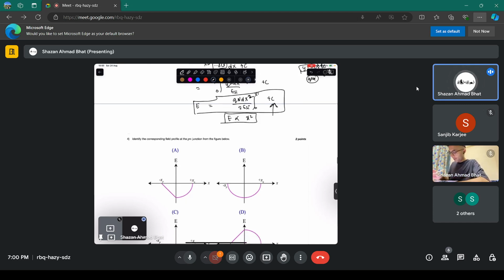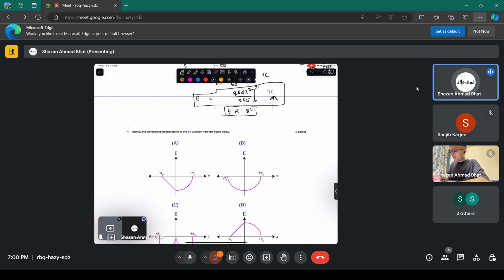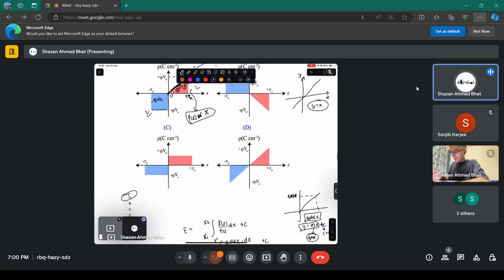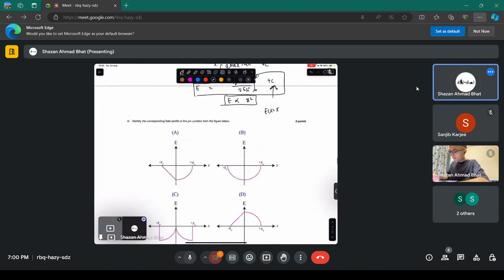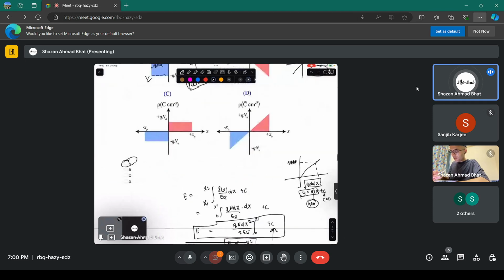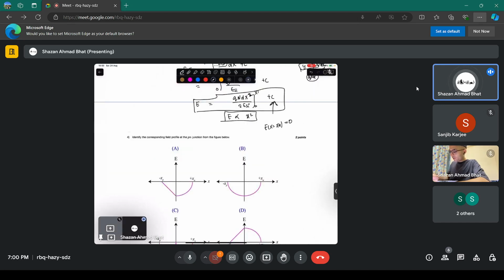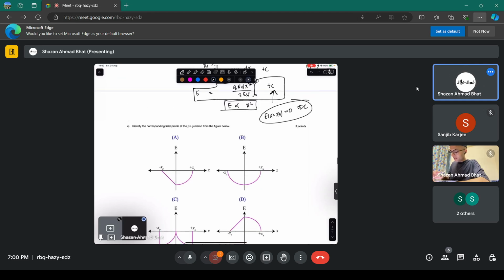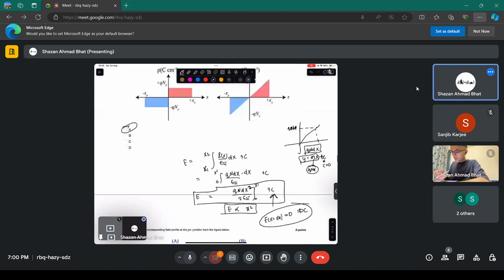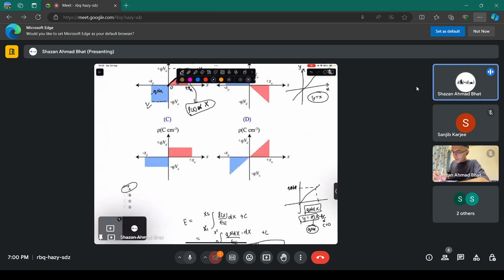You are going to obtain a relation, let's say E at x equals x, find that value, say this is 0, and you obtain the value of c. Then you are going to see that in this region the electric field will be parabolic, a curve like this, and in this region it is going to be similar to the previous question.